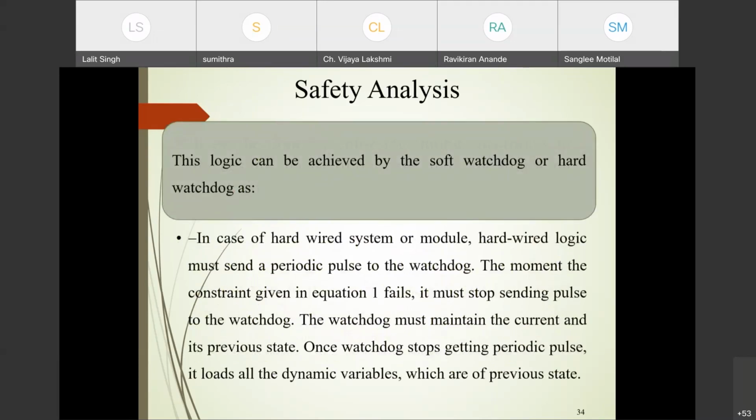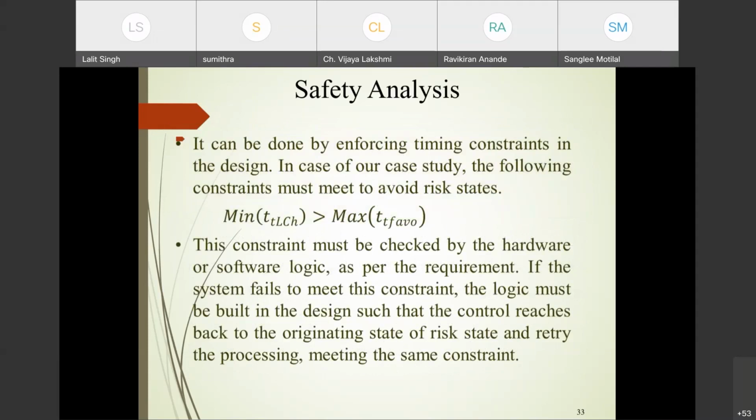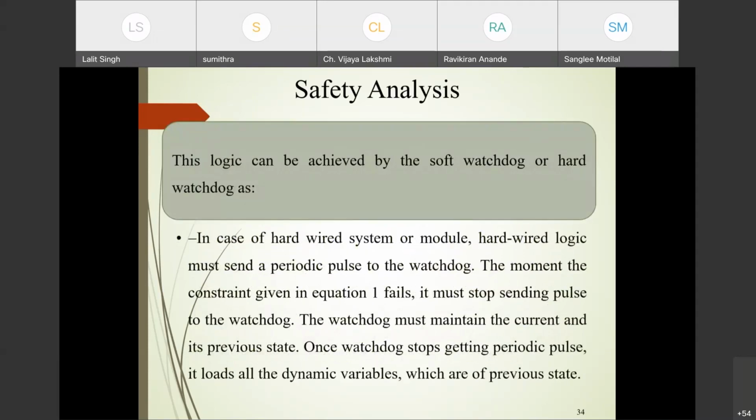This logic can be achieved by a soft watchdog or a hard watchdog. In the case of a hardwired system or module, the hardwired logic must send a periodic pulse to the watchdog. The moment the constraint in that equation fails, it must stop sending the pulse to the watchdog.